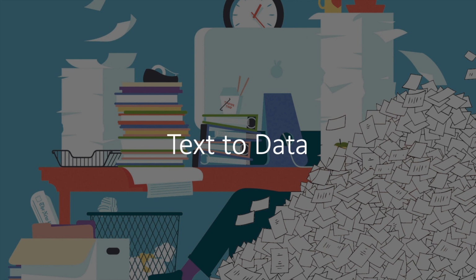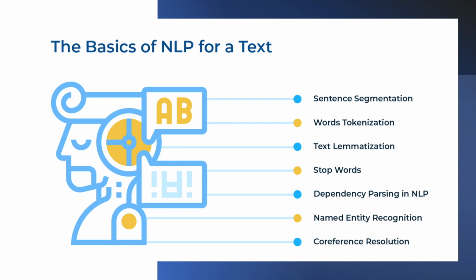So let us discuss some basics of NLP for a text, and these are the things that you need to know at least the meaning. Doesn't mean that you're going to apply all these things in one single text that you are getting to analyze, but these are the approaches out there.